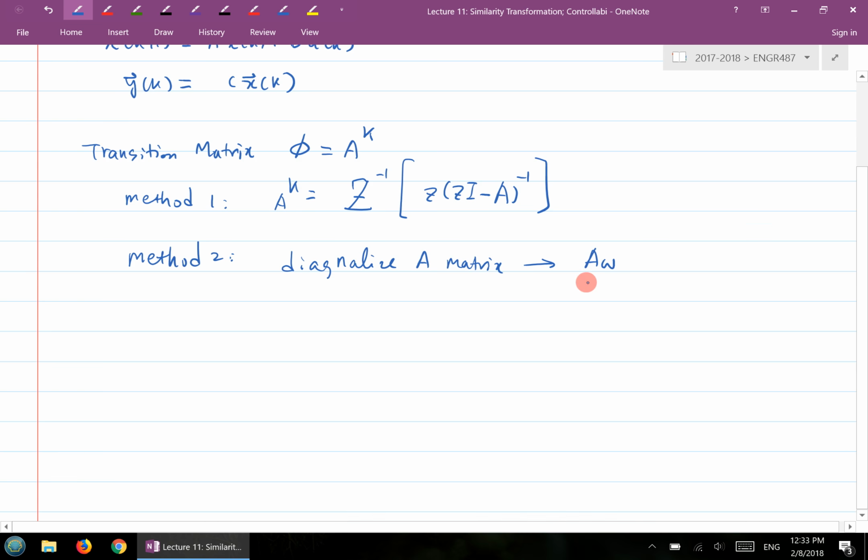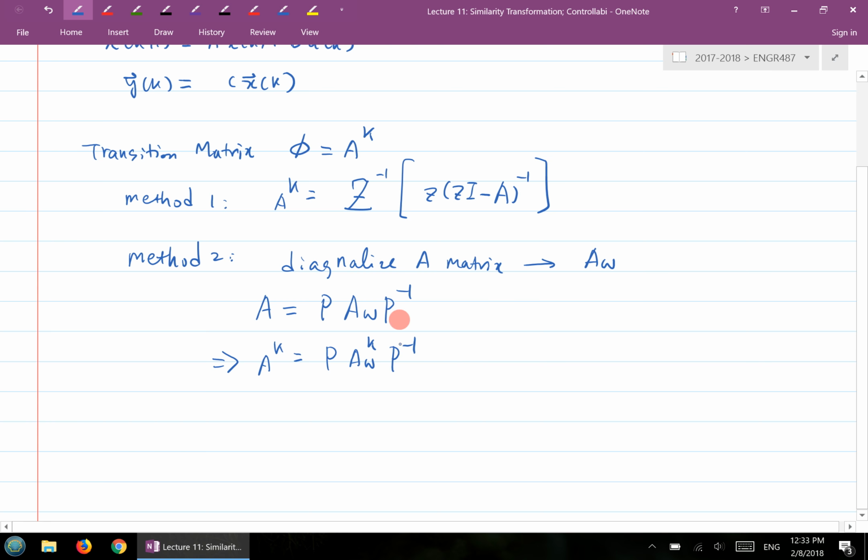And of course A and A_W are related by a certain relationship, for example with P inverse. This is how A and A_W will be related, and then we can calculate A to the power of k, which becomes P A_W to the power of k and then P inverse. So that's the second approach that we looked at.